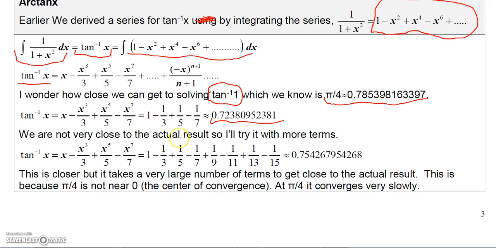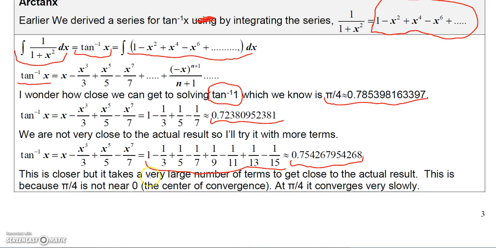So we're not close. So let's try it with more terms. I'm going to take it out to 1, 2, 3, 4, 5, 6, 7, 8 terms. And even with 8 terms, I'm a little closer, but I'm still quite a ways off between 0.78 and 0.75.